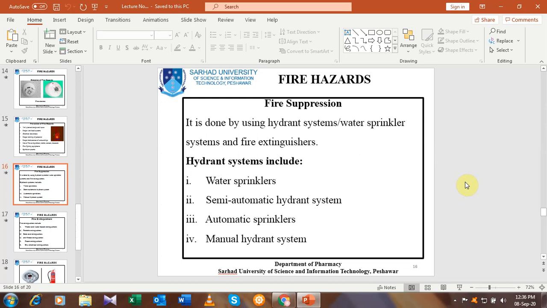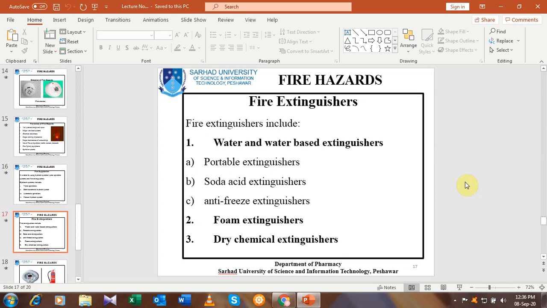These are the hydrant systems used for fire suppression. Fire extinguishers are used in pharmaceutical industries, other industries, or at home for controlling the fire hazard.